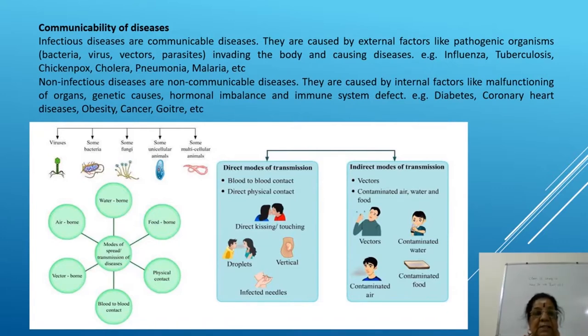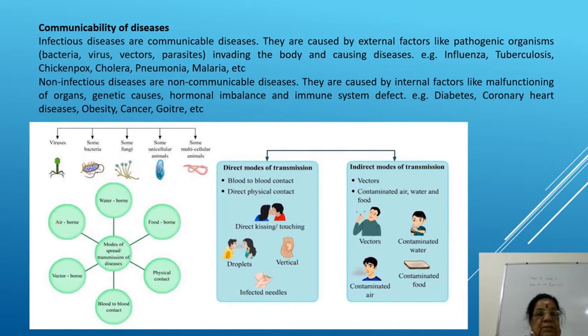It is a secondary pathogen. And then the multicellular animal, it is worm. Worms such as tapeworm and roundworm. Tapeworm normally attacks children, and roundworm also will attack. Even adults can be infected by the worms.